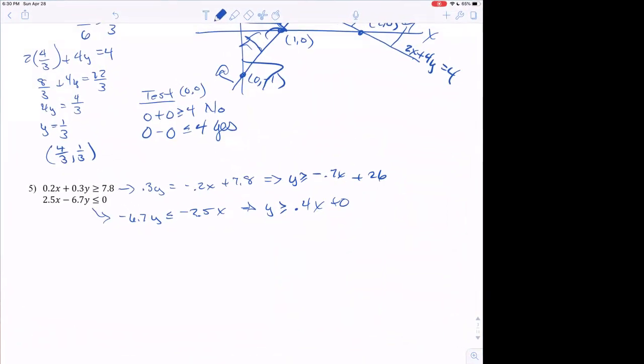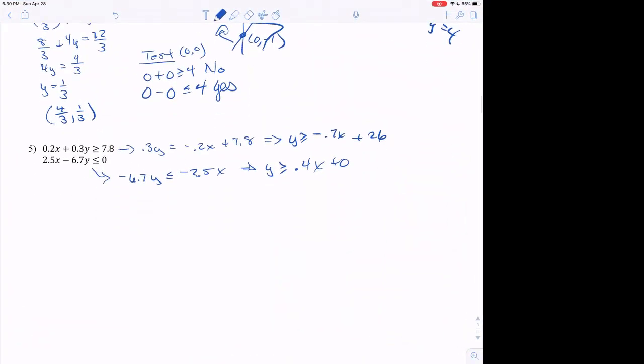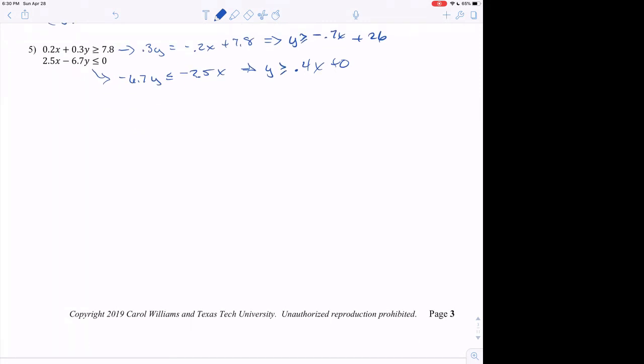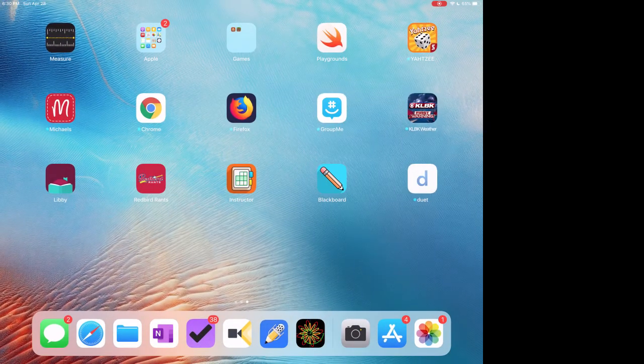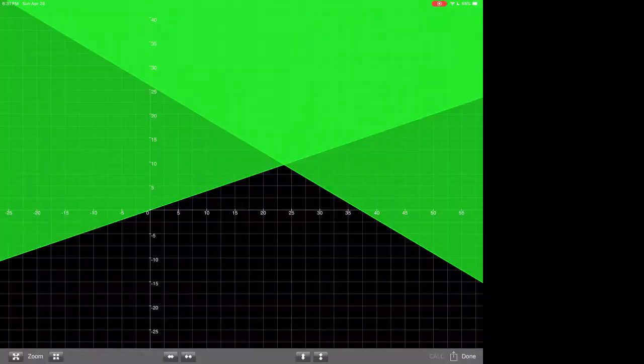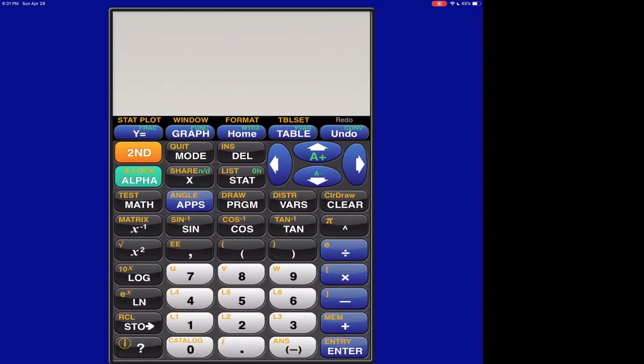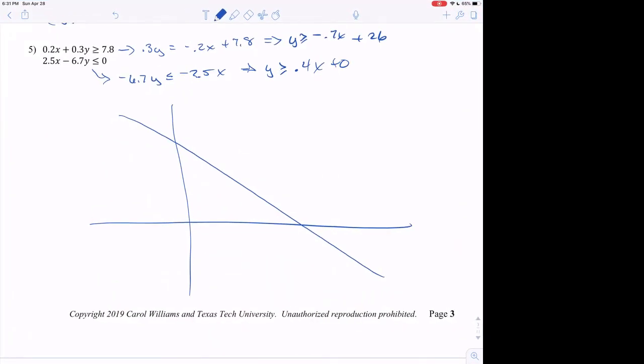But for this particular question 5 with these numbers, I would expect you to go from your calculator, show me the picture, and then show me the region.